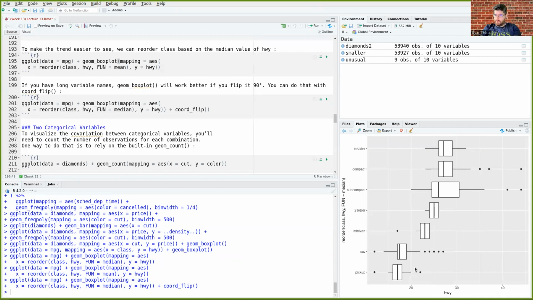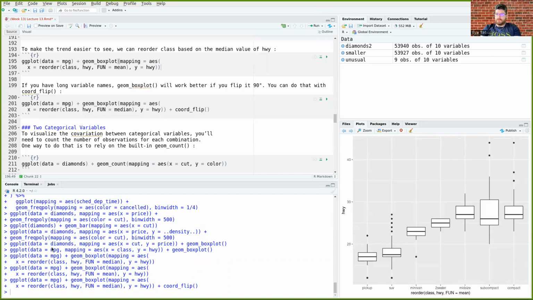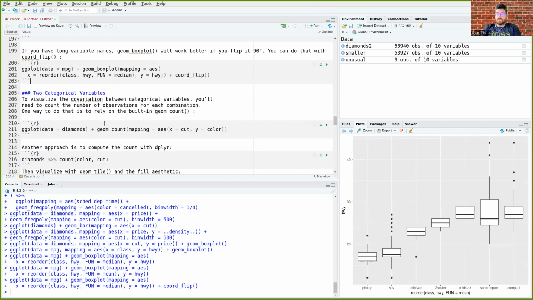Because in this kind of plot, it's really hard to read. And if you have longer names of the values, they will be intersecting, and you won't be able to see them. So to flip the coordinates, you just add this plus coord_flip, and it will produce the plot you need.